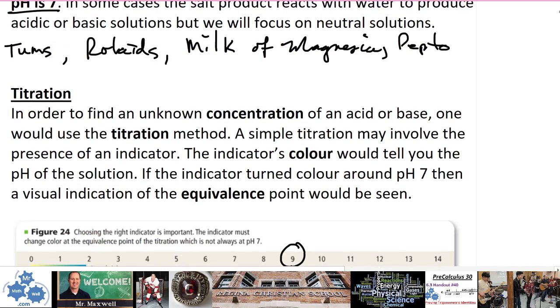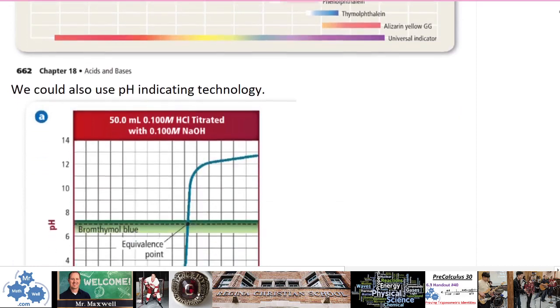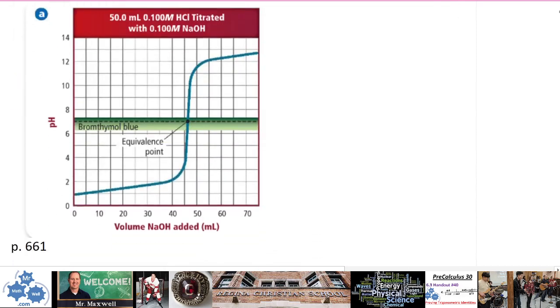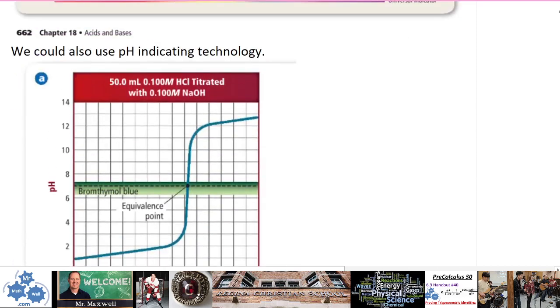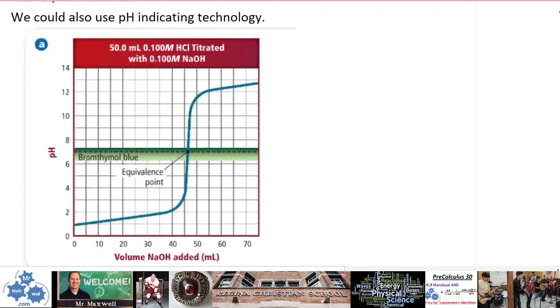All right. Okay. Now, using an indicator is one thing. You could also use pH indicating technology, and if you had a pH instrument, and it was able to plot on the computer what the pH is at a certain time or a certain volume added, so you would be adding base, then all of a sudden, boom, there's a big wild change in pH.